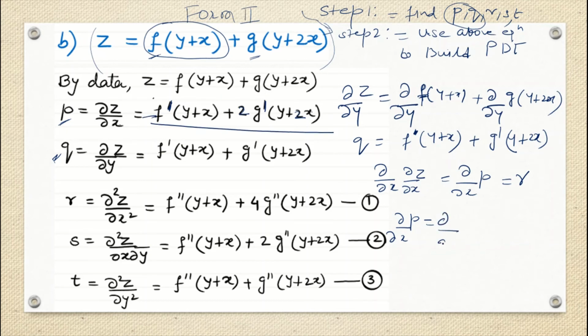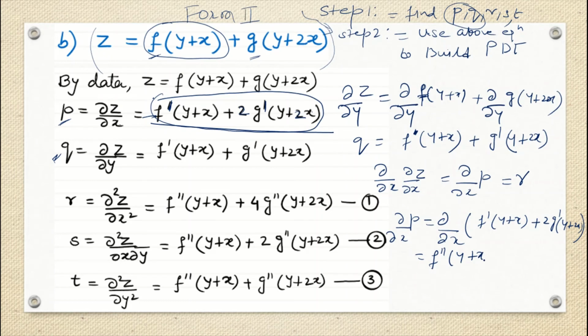Finding del by del x of this complete right hand side, I am writing down del by del x of f dash of y plus x, plus 2 g dash of y plus 2x. That means this is your f double dash of y plus x, plus, now this term is what?